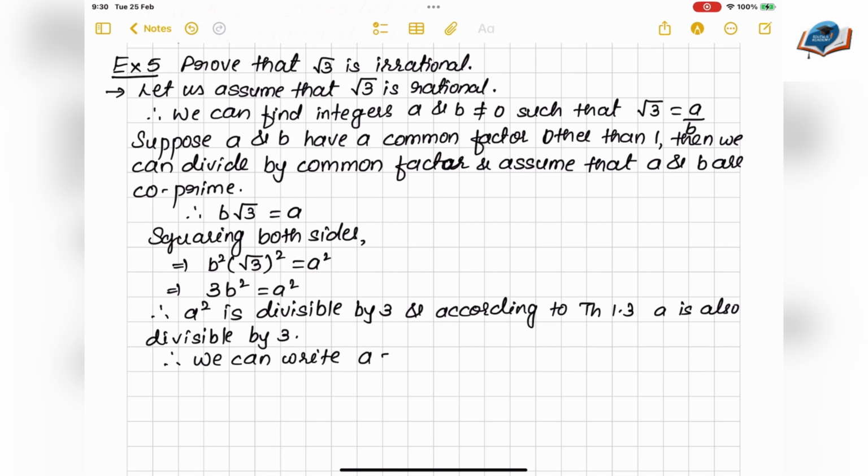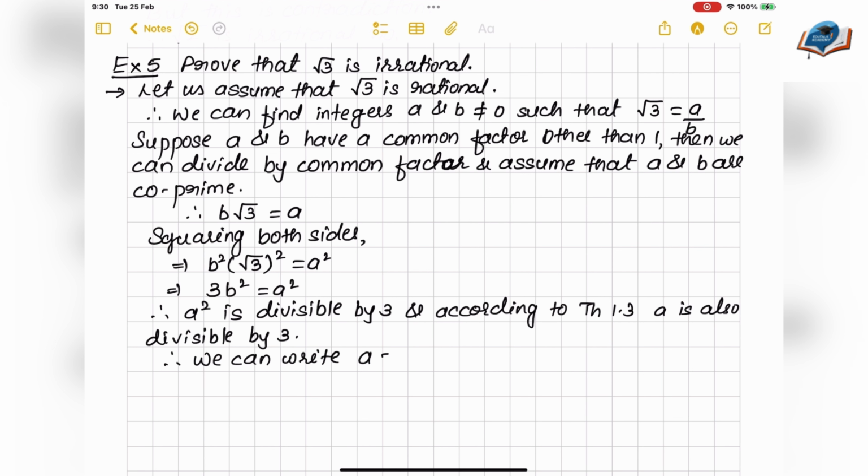So therefore Q square will be 25 upon 5, means 5C square. Therefore Q is divisible by 5.